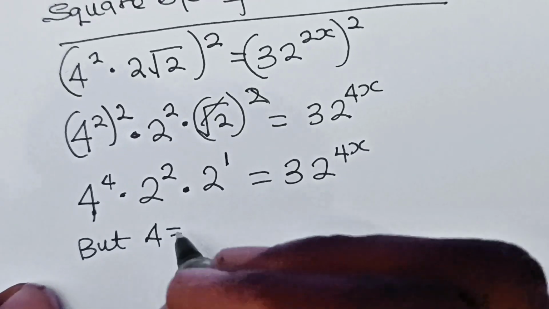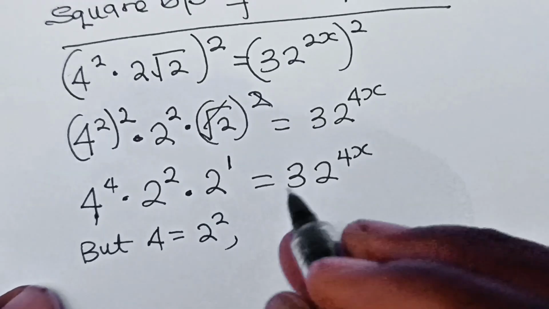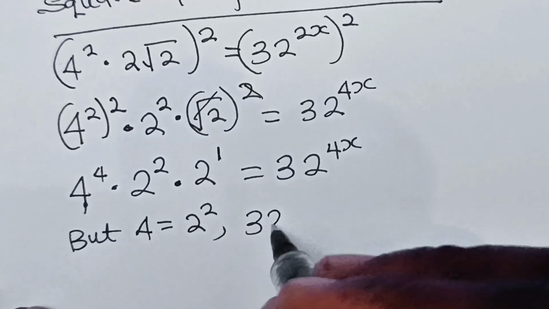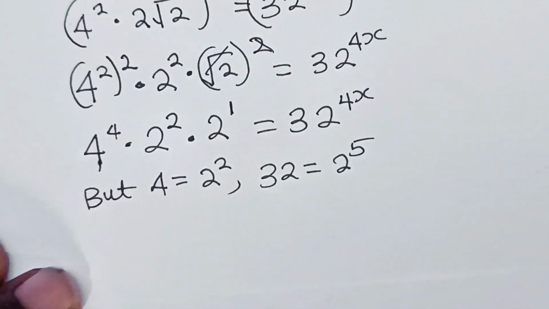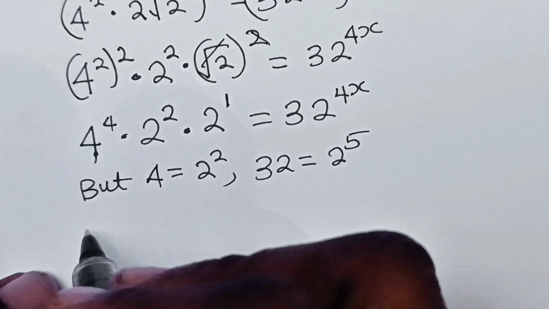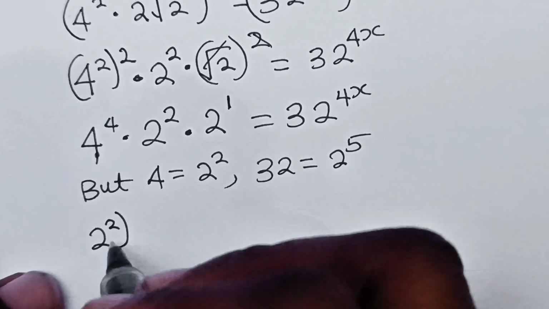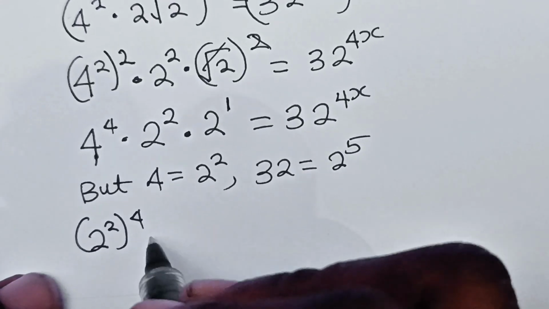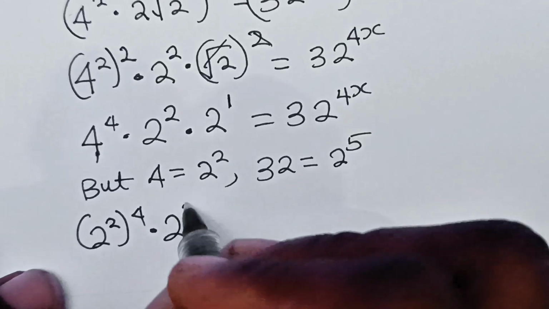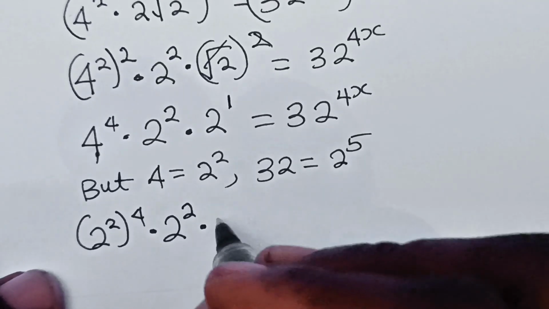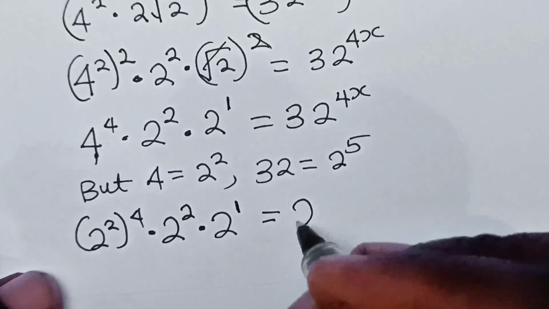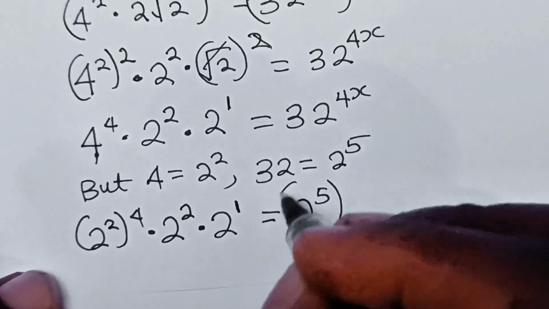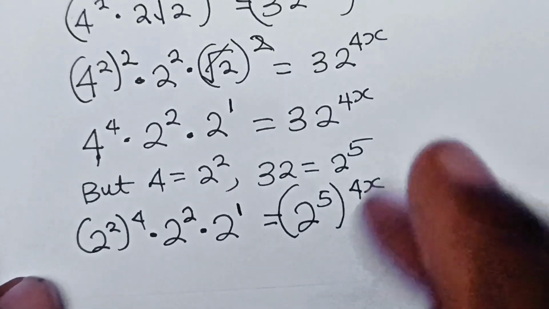But 4 is equal to 2 to the power of 2, and 32 is equal to 2 to the power of 5. So we'll write 2 to the power of 2 raised to the power of 4 multiplied by 2 to the power of 2 multiplied by 2 to the power of 1 is equal to 2 to the power of 5 raised to the power of 4x.